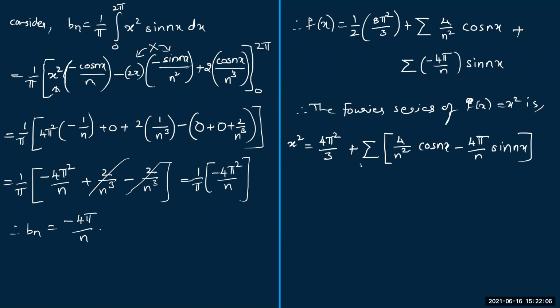So here n takes values from 1 to infinity. So this is the Fourier series representation of x square.